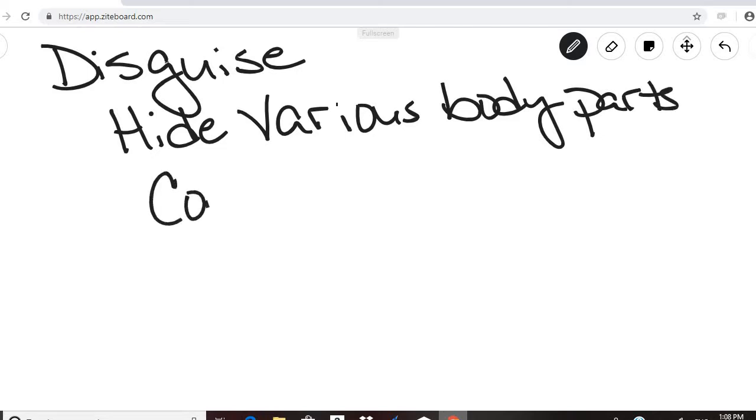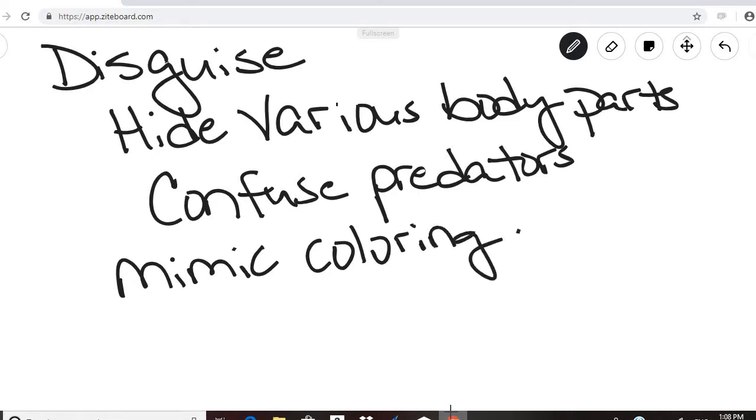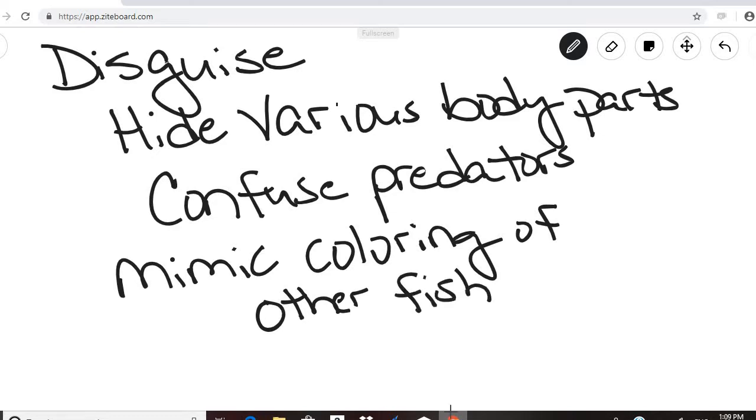And disguise is designed to confuse their predators. Another thing they may also do is mimic the coloring of other fish. So they might mimic the color of a fish that is not prey for a particular type of fish, so then they wouldn't be preyed upon by that type of fish.